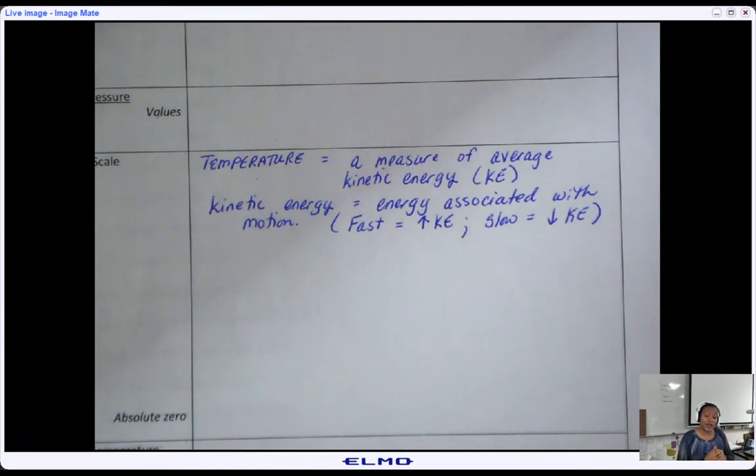So on the other hand, if something starts to cool down, in the chat, put your answer. If something begins to cool down, what happens to its kinetic energy?